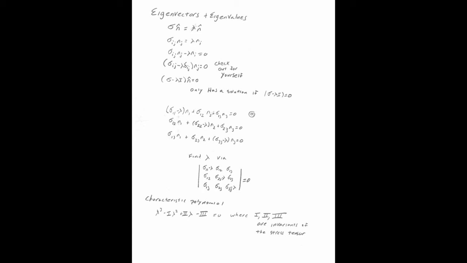No matter that your indices are different, that's why I had to use this delta here, because lambda is a scalar. What I need to do is make sure that I'm subtracting the right terms from the right terms. So that's where that delta comes from.